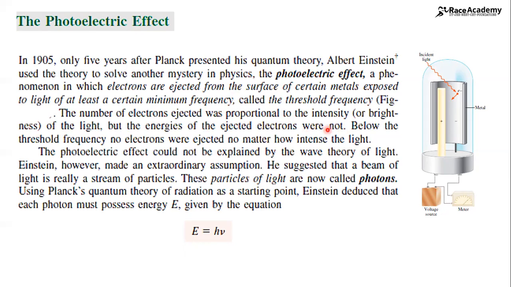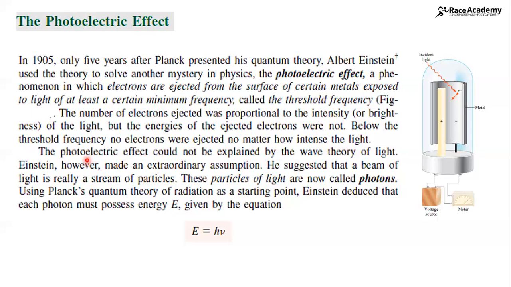So the number of electrons depends on the intensity of light only. Below the threshold frequency, no electrons were ejected, no matter how intense the light was. So they tested the ejection of electrons above and below the threshold.